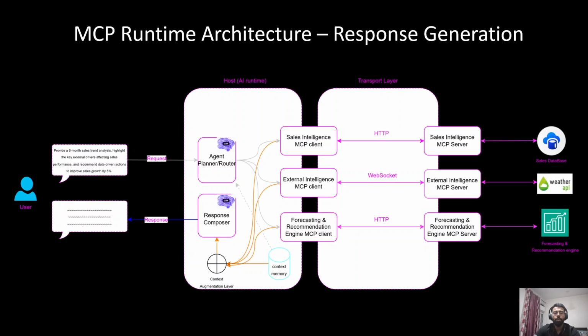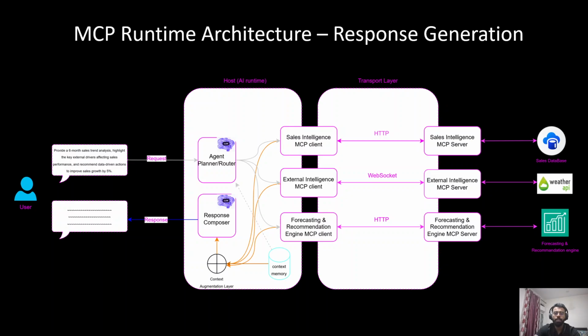Now let's zoom in on the response generation part. In this stage, the MCP server sends back the processed information from the respective external tools to the host application using their respective MCP client and transfer protocol.